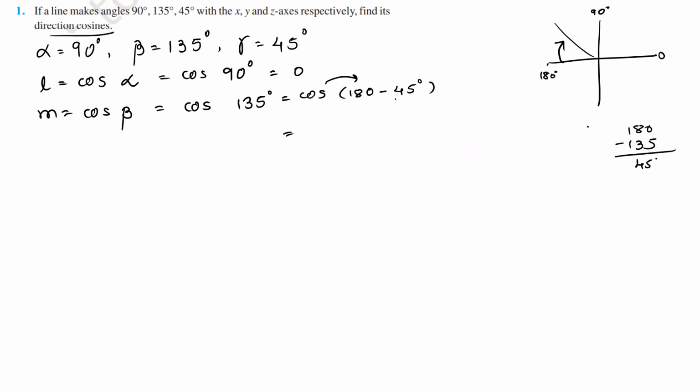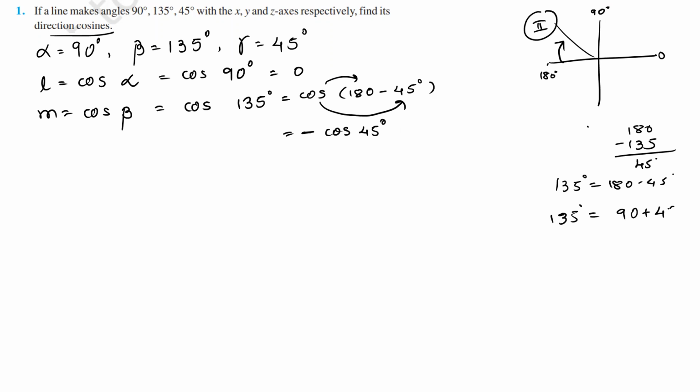So it's cos of 180 minus 45. That means we are talking about the second quadrant. In the second quadrant, cos becomes negative, and with 180 minus, cos will remain cos. So it's minus cos 45. Now, if you don't want to take 135 as 180 minus 45, fine, you can take 135 as 90 plus 45. Again it is the second quadrant, and cos becomes negative in the second.